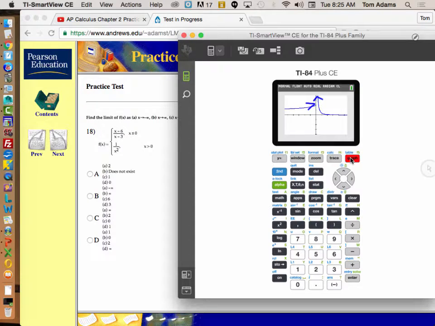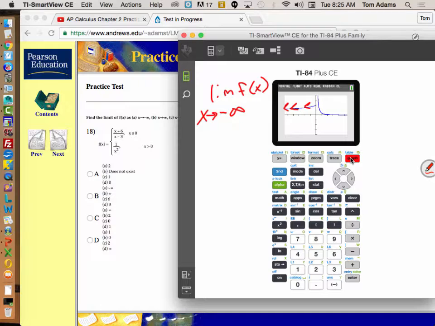So the question is, what's the limit of f of x as x approaches negative infinity? Oh, they're asking a different question. All right. So to solve that, I'm just going to go in this direction.